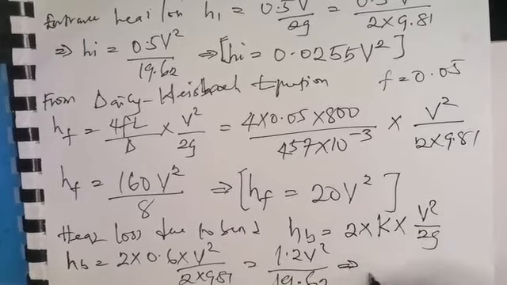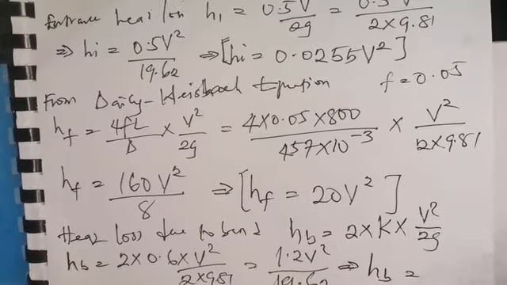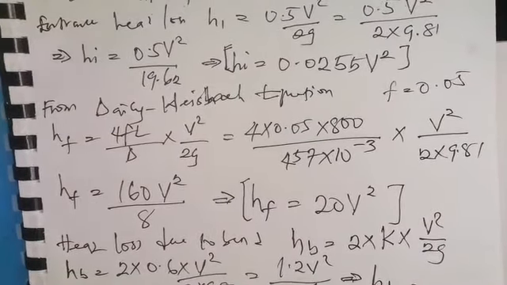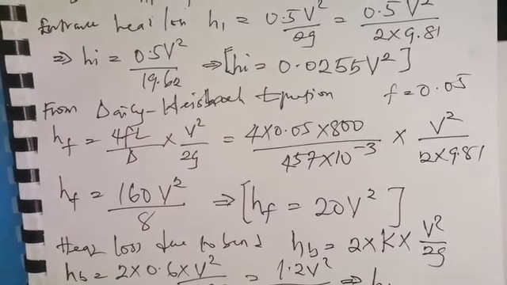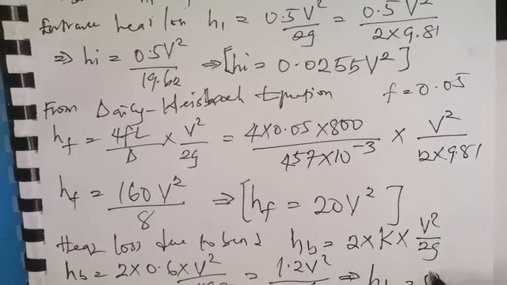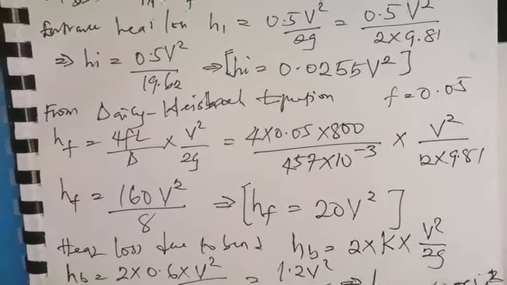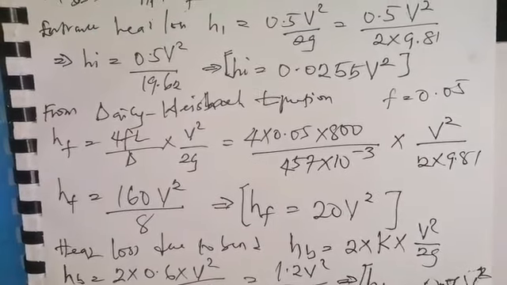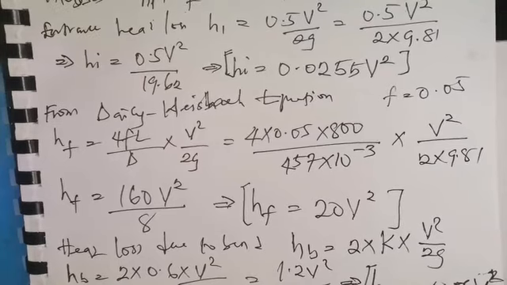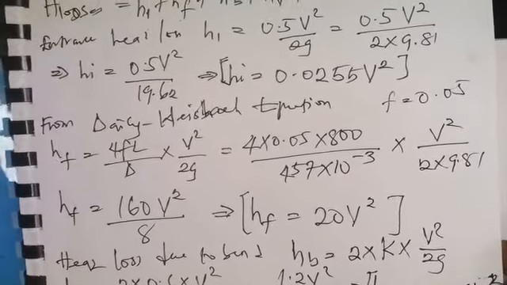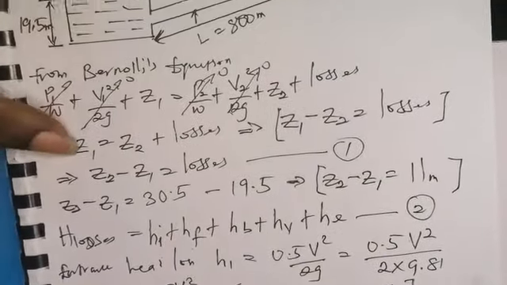So this implies that the head loss due to bend is equal to 1.2 divided by 19.62. That gives us 0.06 V squared. So the head loss due to bend is simply 0.06 V squared. Now, having found the head loss due to bend, let's fall back to equation 2 again.